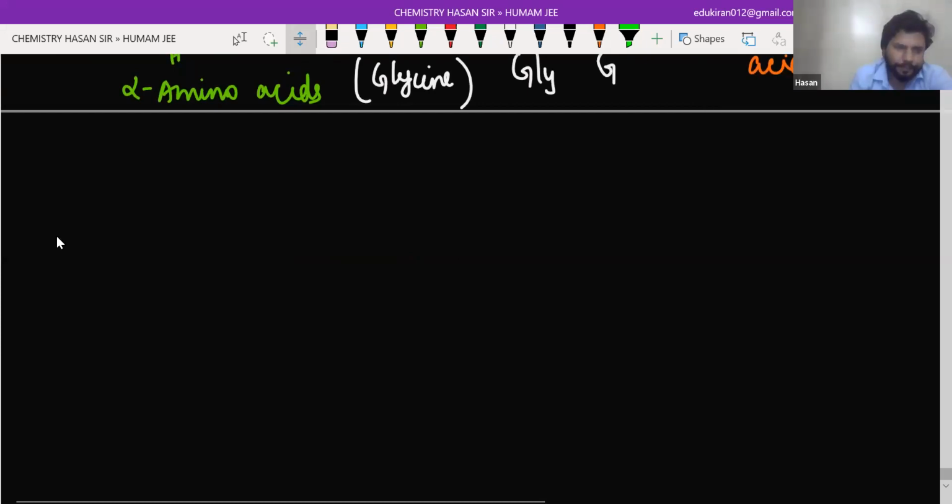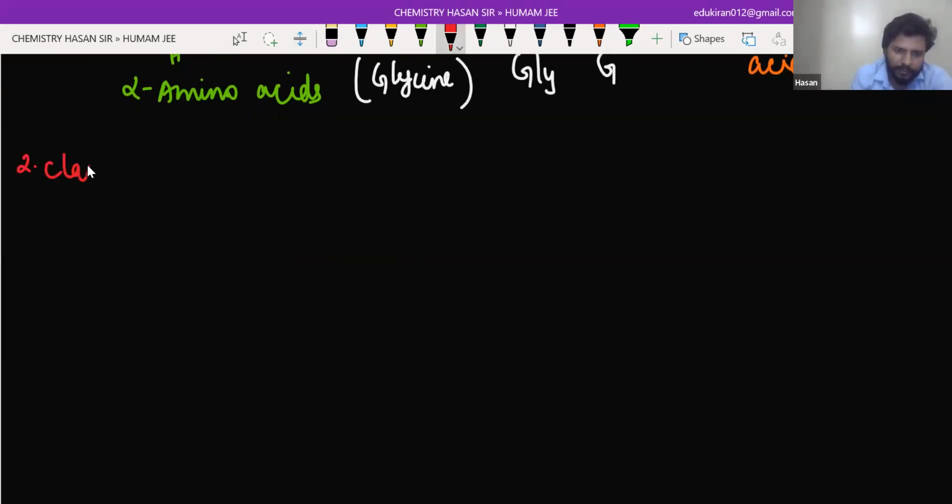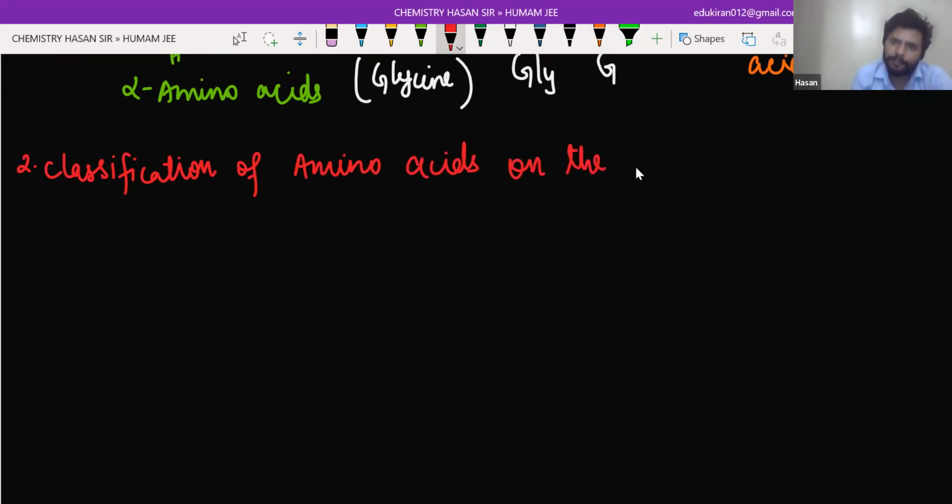Now see, the second classification of amino acids is on the basis of pH value. So very simple this is.